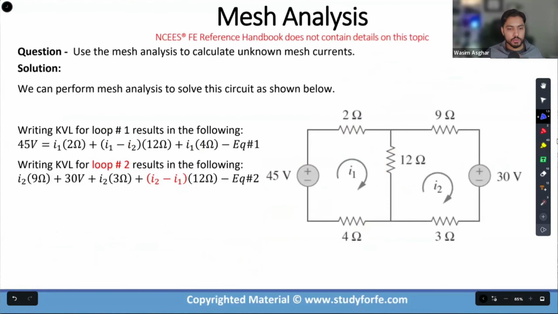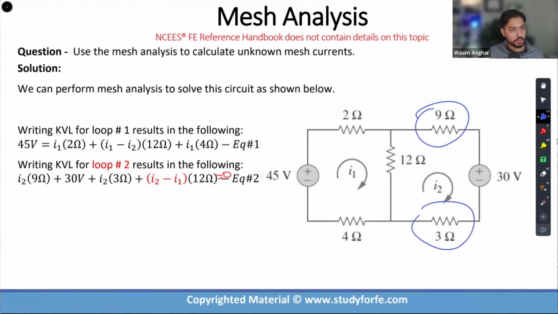Let's move on to loop number 2 equation. In loop number 2, I basically am going to end up with a voltage drop for my 9 ohm resistor, because across the resistors we always have voltage drops. Same thing for the 3 ohm resistor. And even in the case of the 30 volt source, as I just mentioned, because the current is entering the positive terminal and leaving the negative terminal, using the passive sign convention, this actually qualifies as a voltage drop, not a voltage gain.